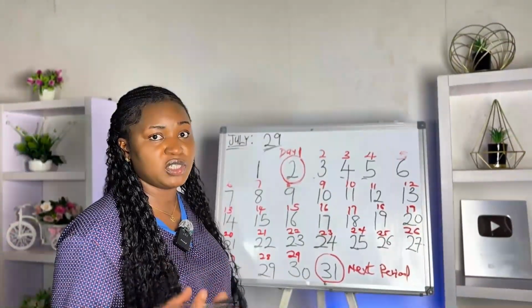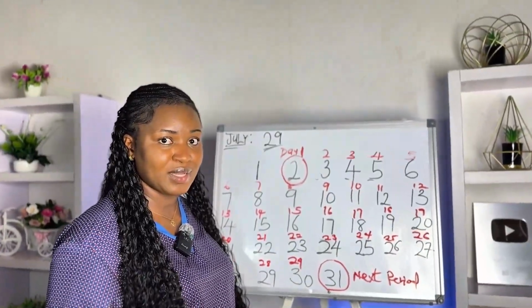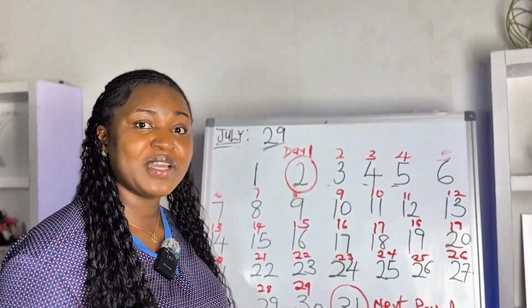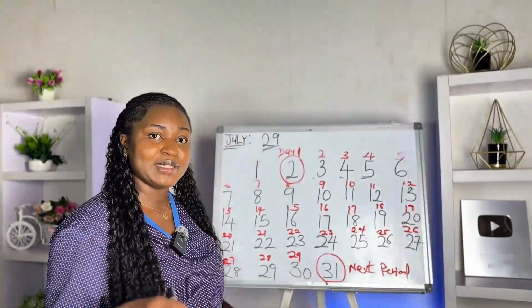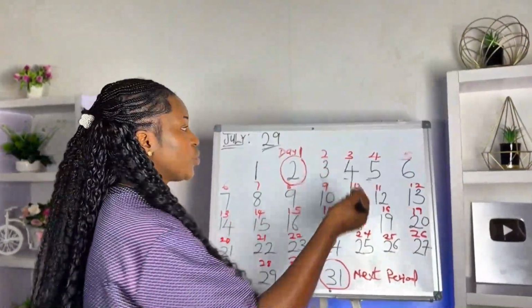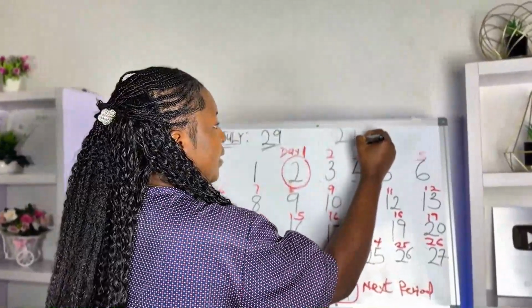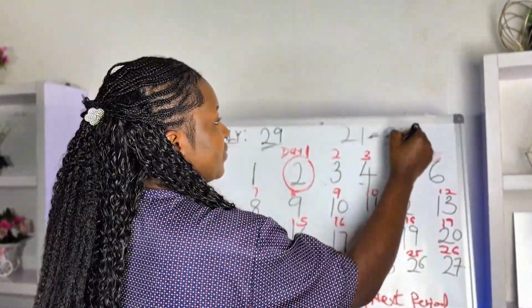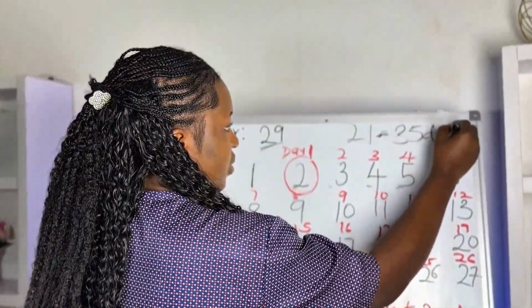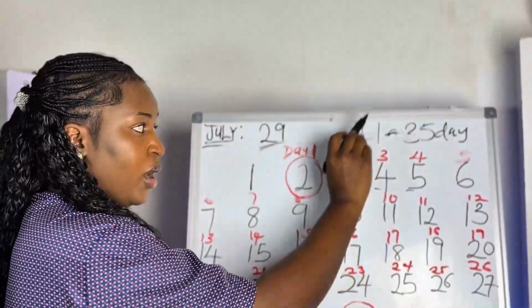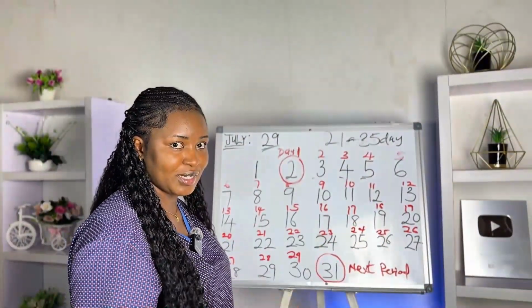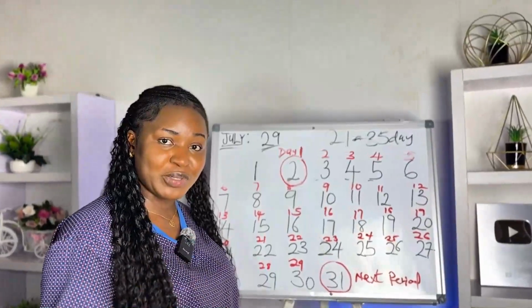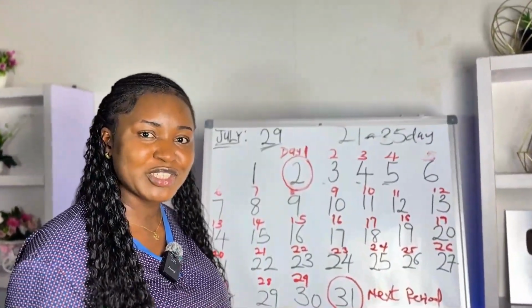That means you need to see your doctor to know why it's like that. Mind you, there are several factors that can affect your cycle length to either make it longer or shorter. So like I said earlier, the normal cycle length is between 21 days and 35 days. When it's below 21 or above 35, that means there is a cause for concern. I'll take it that you now understand what your cycle length is and how to calculate it.